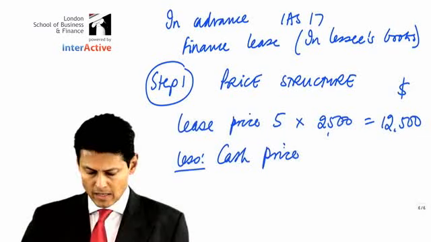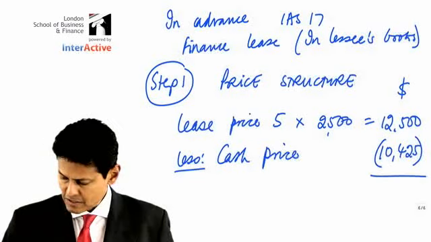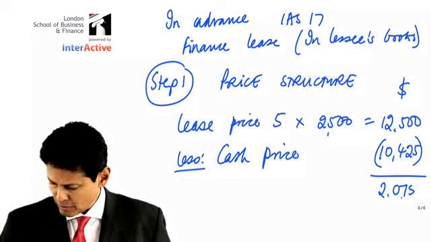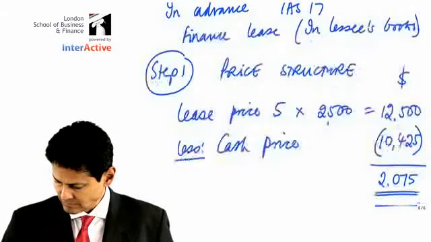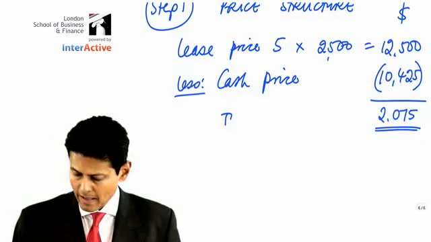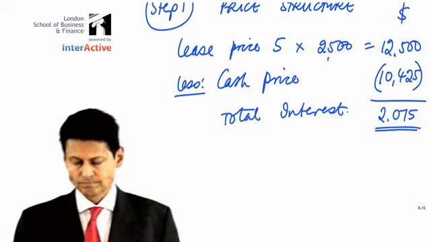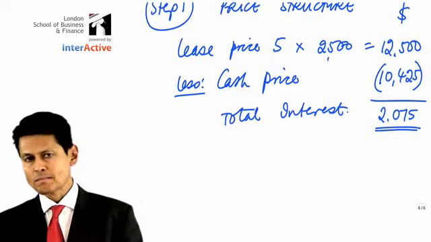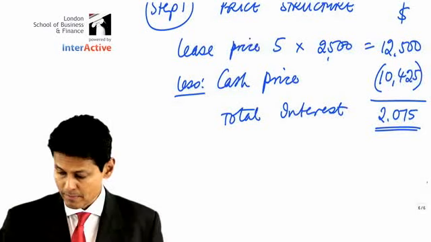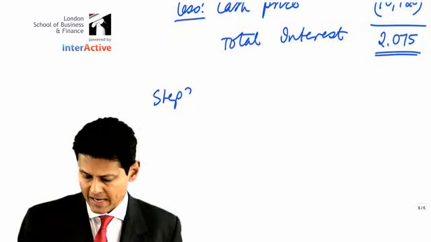It would have cost 10,425, an old Aston Martin, at that price, quite an old one. And this is the total interest. Step 1, 1 mark banked. If the examiner's feeling generous, 2 marks maybe, but usually about 1. Leave a line so the marker realizes you're moving on to the second step.